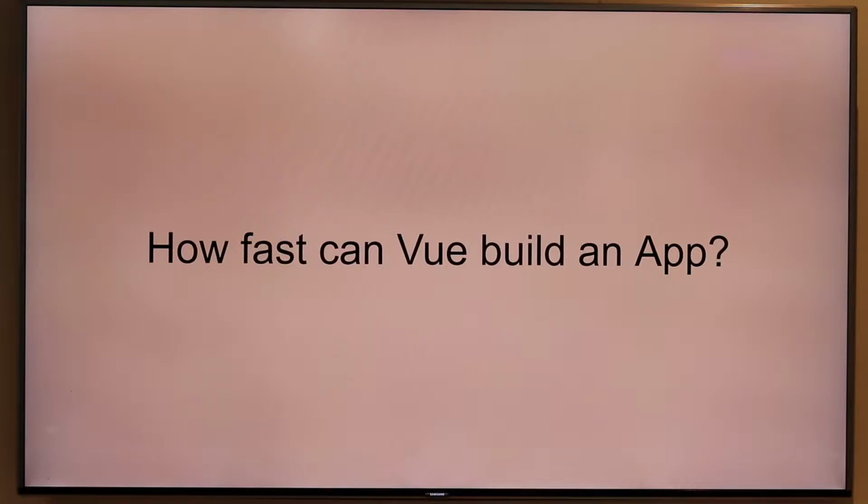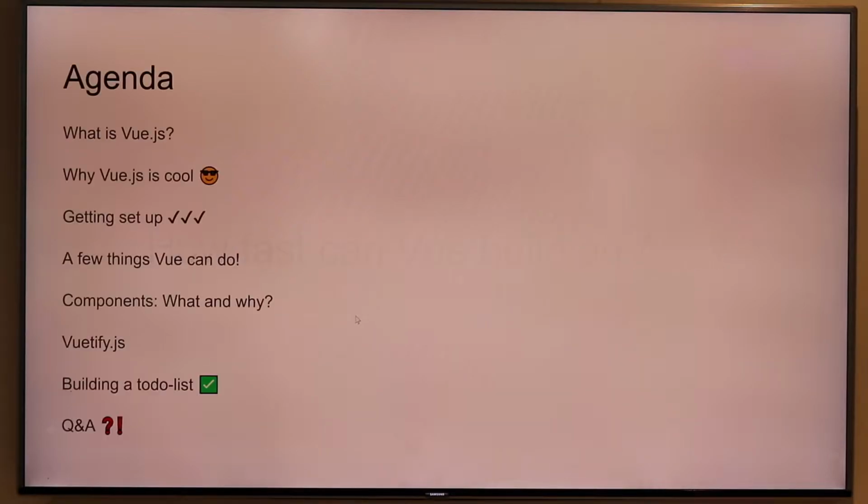So I would really like to get started fast, because we want to develop an app fast. So let's just hop into the agenda. First of all, I'm of course going to give you a little background as to what Vue.js actually is, in case somebody here didn't catch that so far. Then we're going to talk about why Vue.js is cool, then how you can get set up.